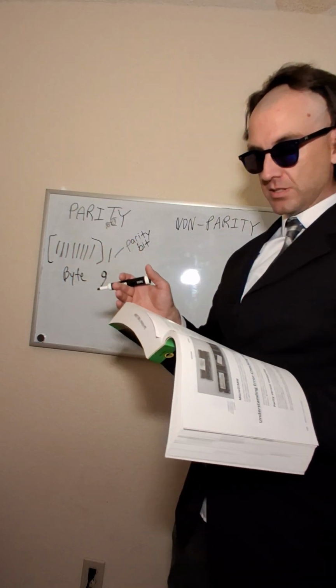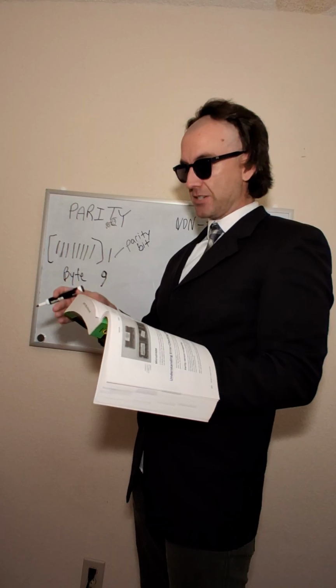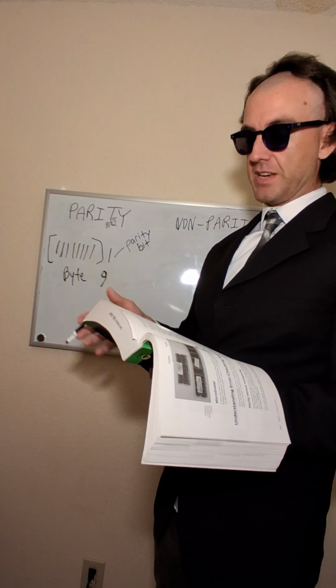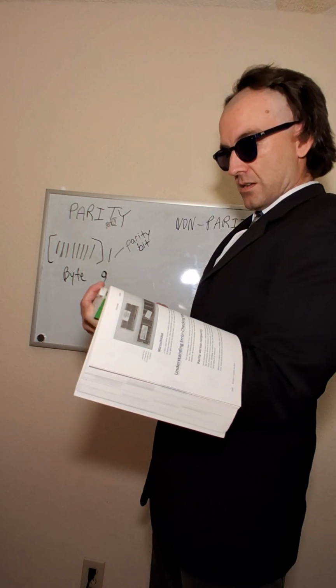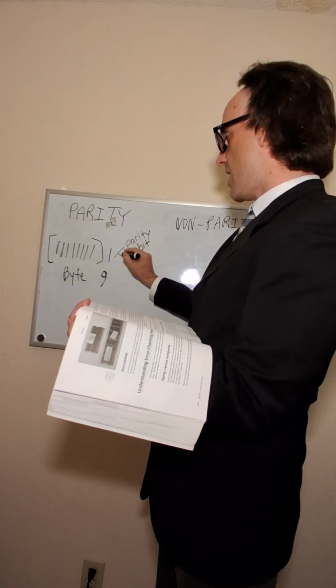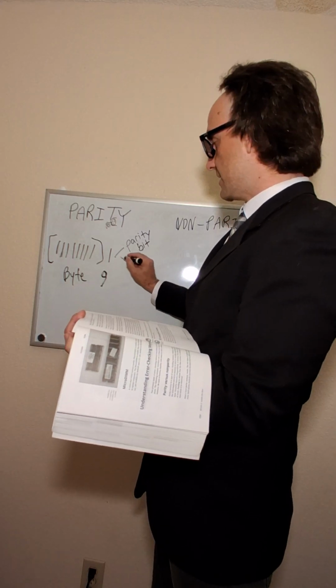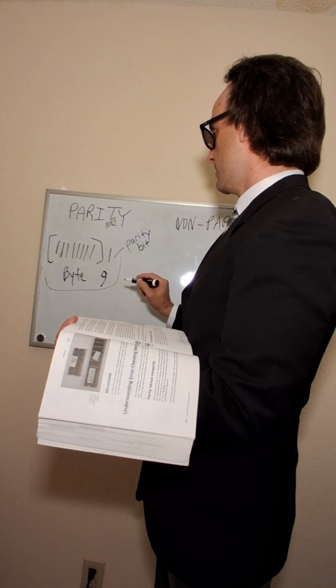If the result of all the enabled data bits is odd, the parity bit is set to 0, so that the odd number of enabled bits is retained. So if this is odd parity, then this works, because it's already 9. It's already odd.